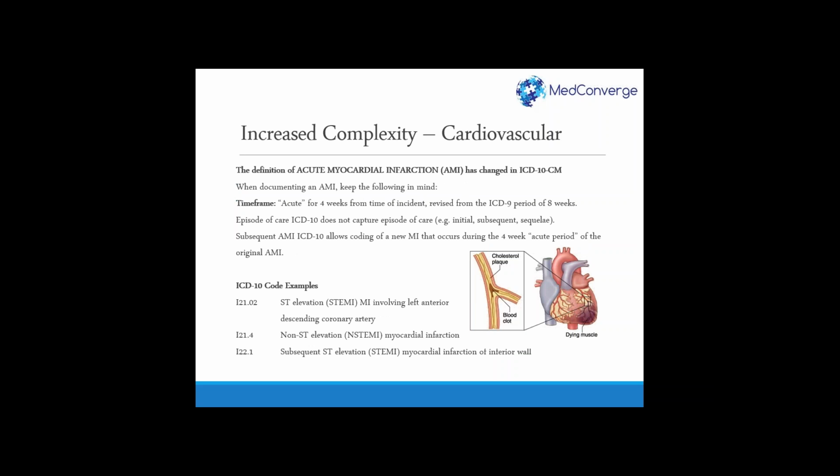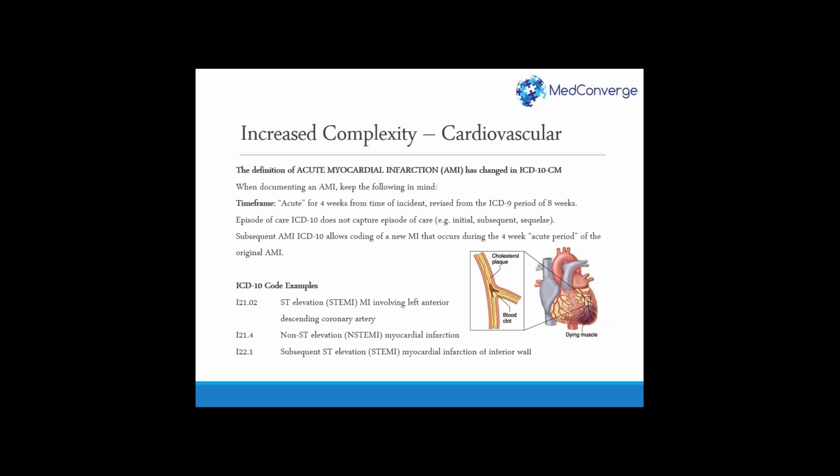Before, the acute period for myocardial infarction was 8 weeks. So if a patient presented to the clinic and he had an MI in the preceding 8 weeks, he would be considered acute, right? But now that period has been shortened to 4 weeks from the time of the incident. And then you also need to define the type of infarction the patient had.